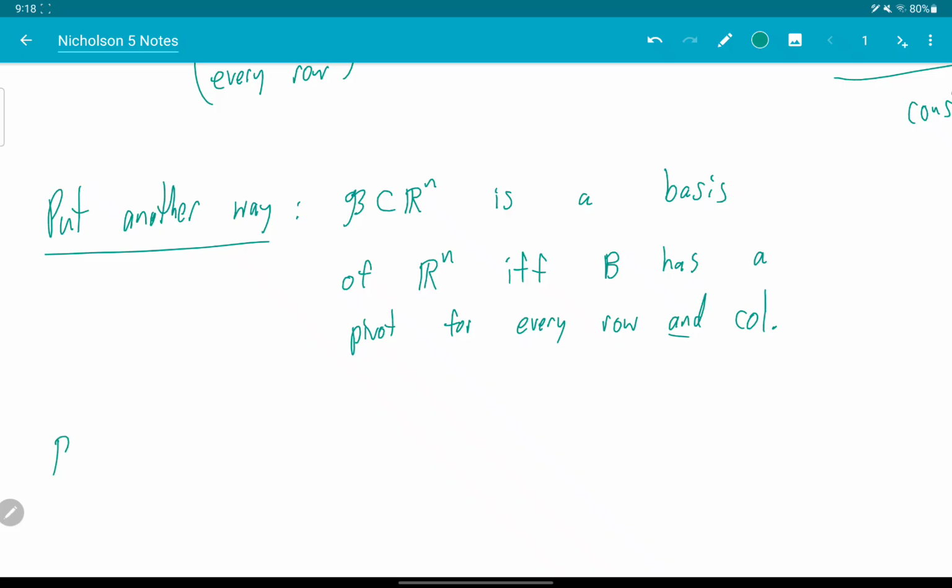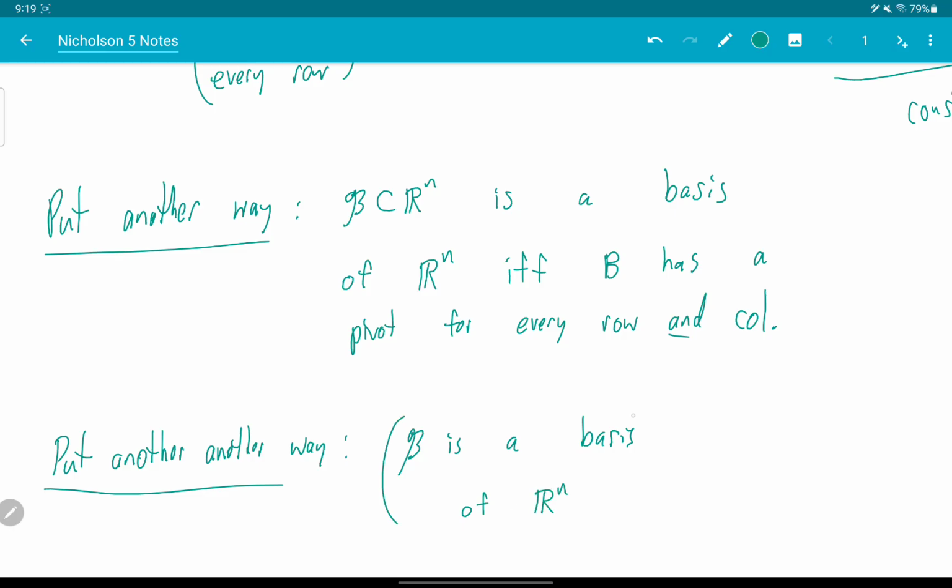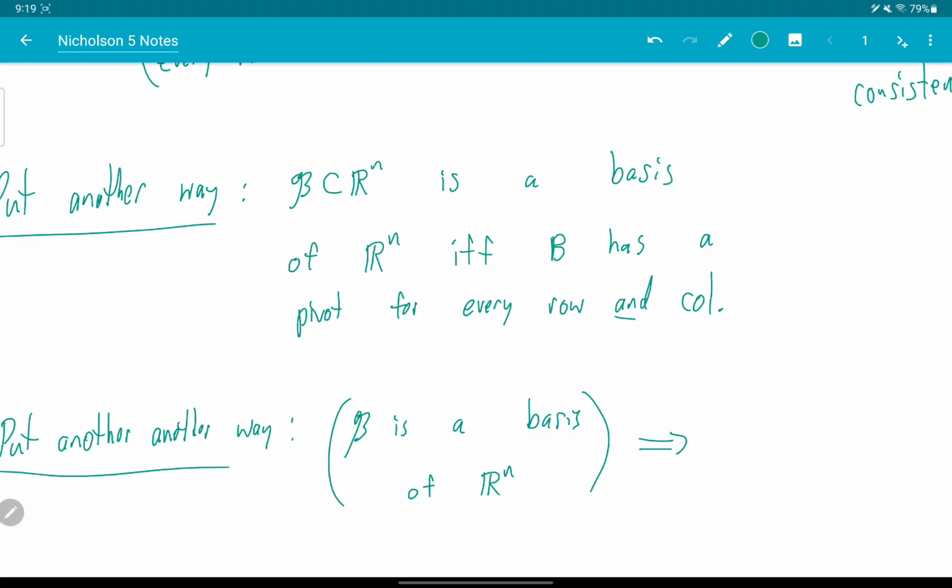But even faster, put another way, B is a basis of Rn if and only if the determinant of B is, well, this is capital B. I need capital B to have a pivot for every row and every column. So that's going to ensure that the determinant is not 0.